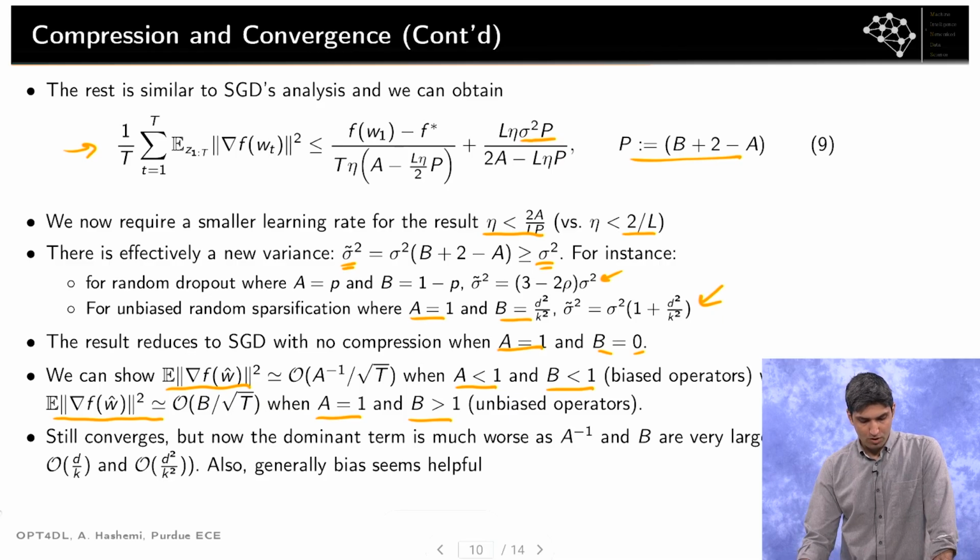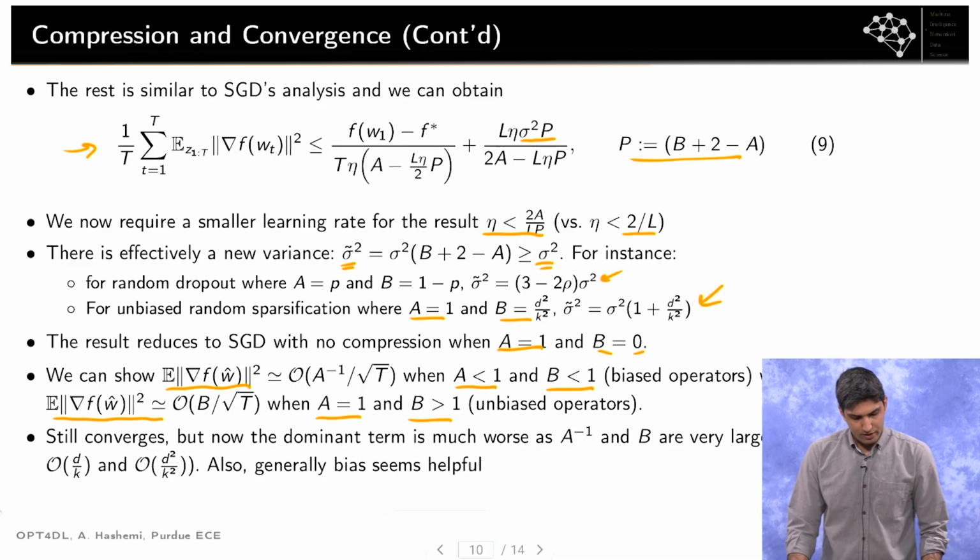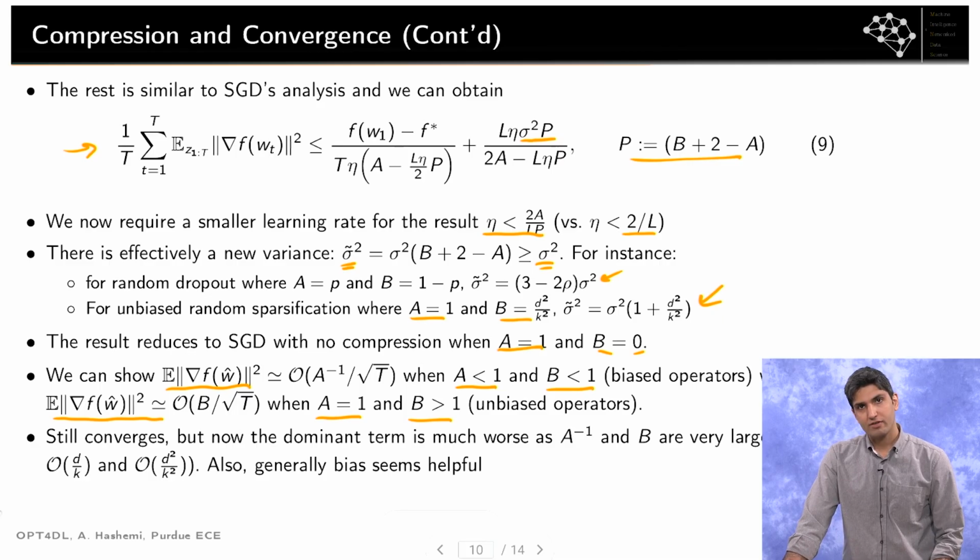Okay. So the idea is that for both of these cases, whether we are using biased or unbiased compression, we have some convergence rate. In terms of the dependence on t, it actually has the same dependence compared to SGD without compression. So that's one piece of good news.